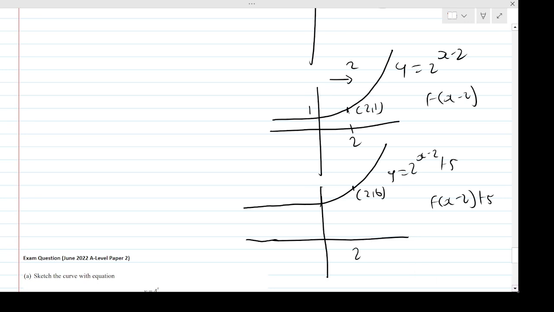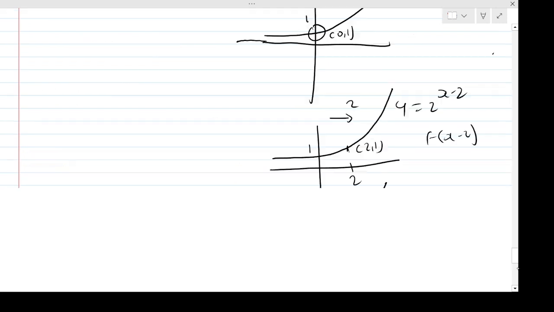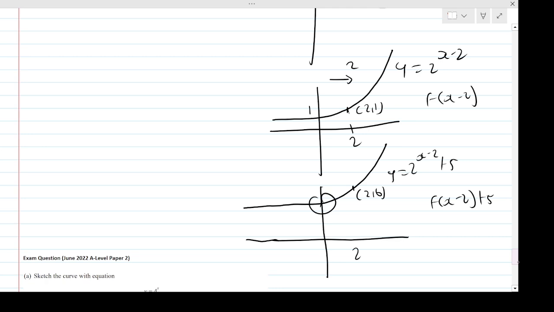Now, it then asked to give the coordinates of the point where it crosses the y-axis. So it wants this point here. Again, I can easily do that because my equation is y is 2 to the x minus 2, add 5. So if it's a y-intercept where it crosses the y-axis, that means when x is 0.